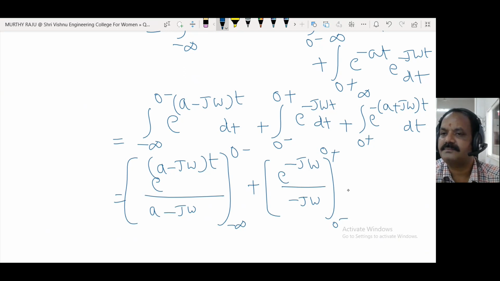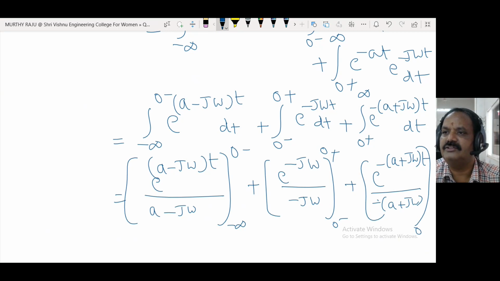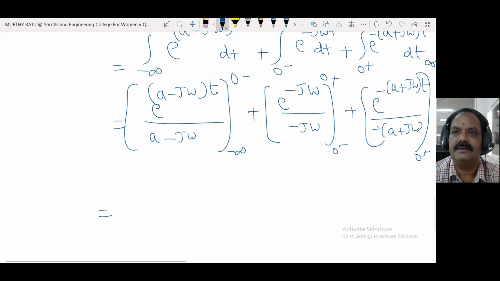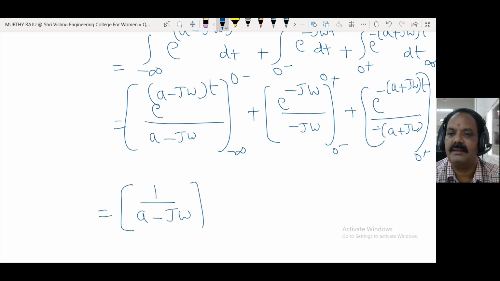The last term is e power minus a plus j omega t by minus a plus j omega, in the interval 0 plus to infinity. Substituting 0 here, e power 0 by a minus j omega, and e power minus infinity is 0. Therefore, finally, 1 minus 1 by a minus j omega.